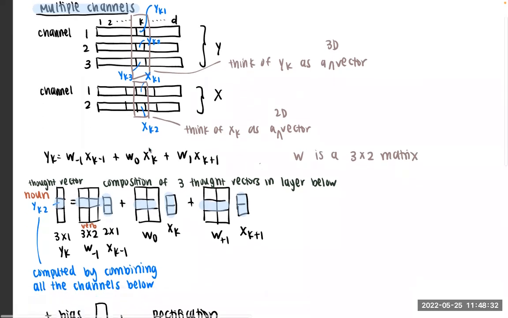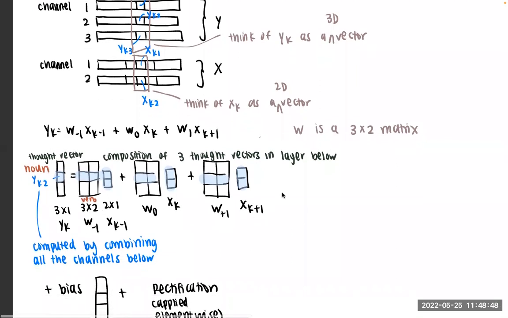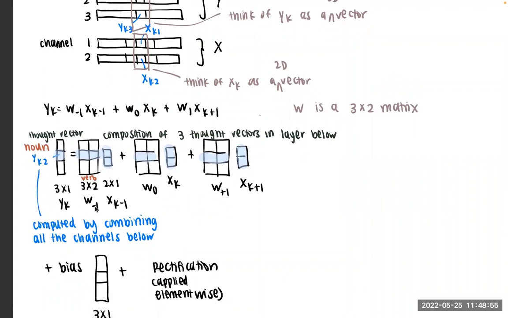Then using the same formula, but now generalizing y and x to vectors and generalizing the w to matrices, we get this more general definition for convolution, the linear part of the convolution. So you see w negative 1 is a 3 by 2 matrix, and xk minus 1 is a 2 by 1 vector. And similarly, w0 xk, w1 xk plus 1.